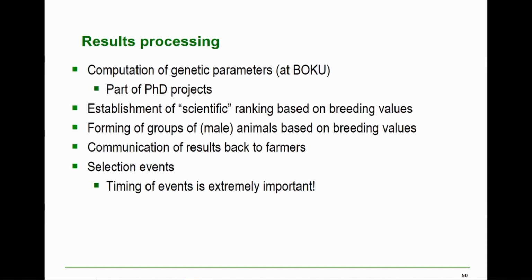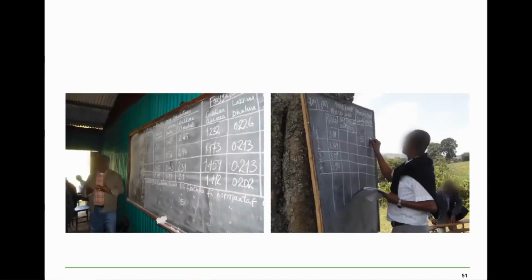So we process the results fairly quickly and then go back to the ground and have a selection meeting where these breeding animals could be identified. So here are a few more pictures about such events. Again, these are our PhD students, or former PhD students now.